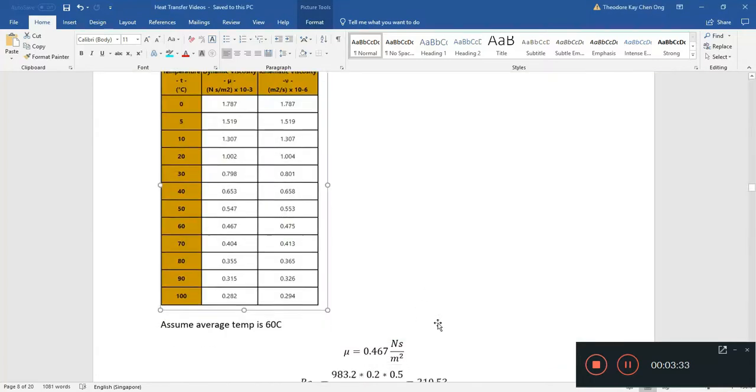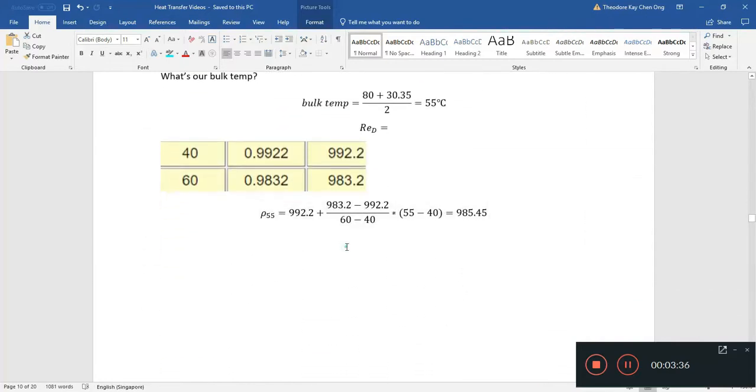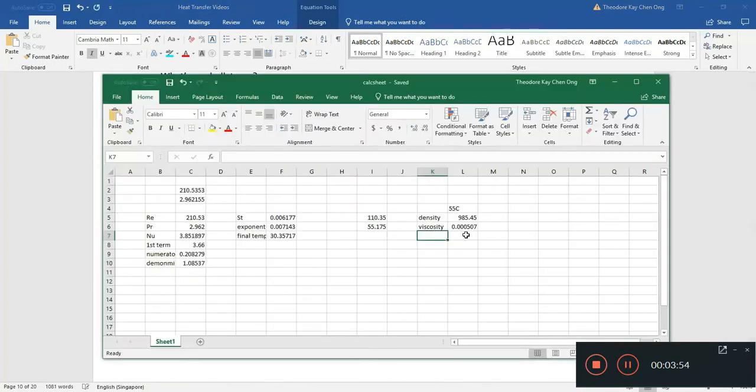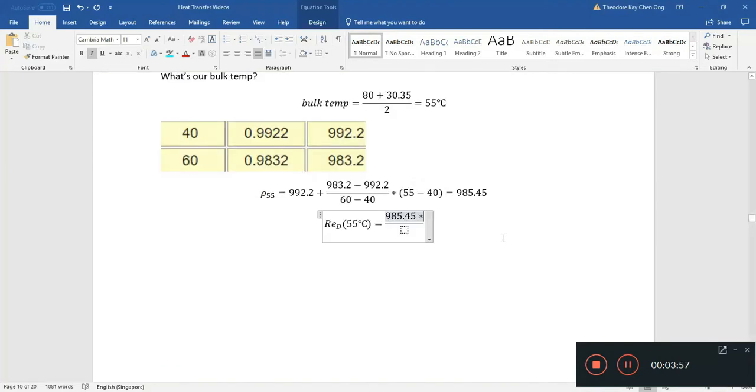Alright, so let's calculate our Reynolds number at 55 degrees C. Again we'll have rho, and the density, viscosity 0.000507, D 0.5. Okay, this is wrong, it should be here. And it looks like it's going to be a turbulent flow.